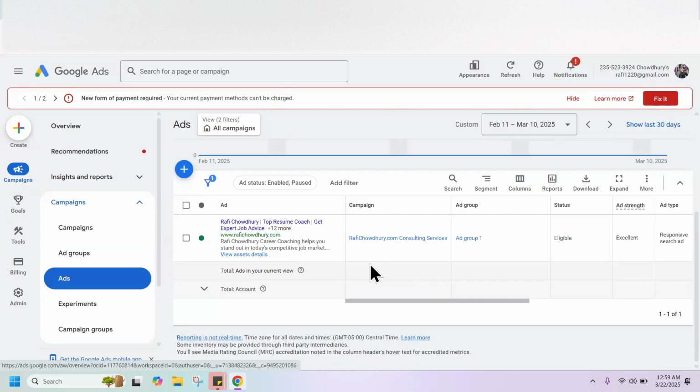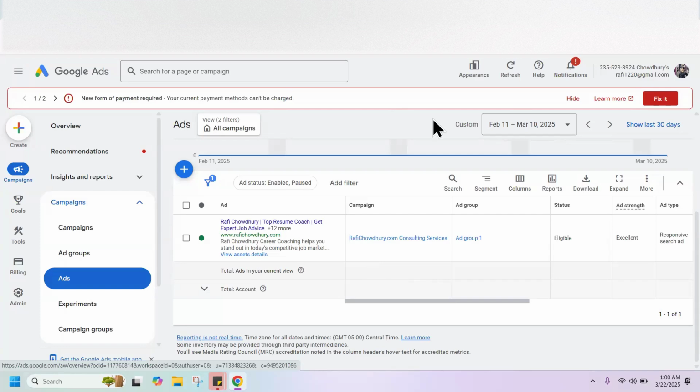I think this is approved. This ad is approved now. You are confused about this. I'm confused about what? It told me that Google will not approve this ad.